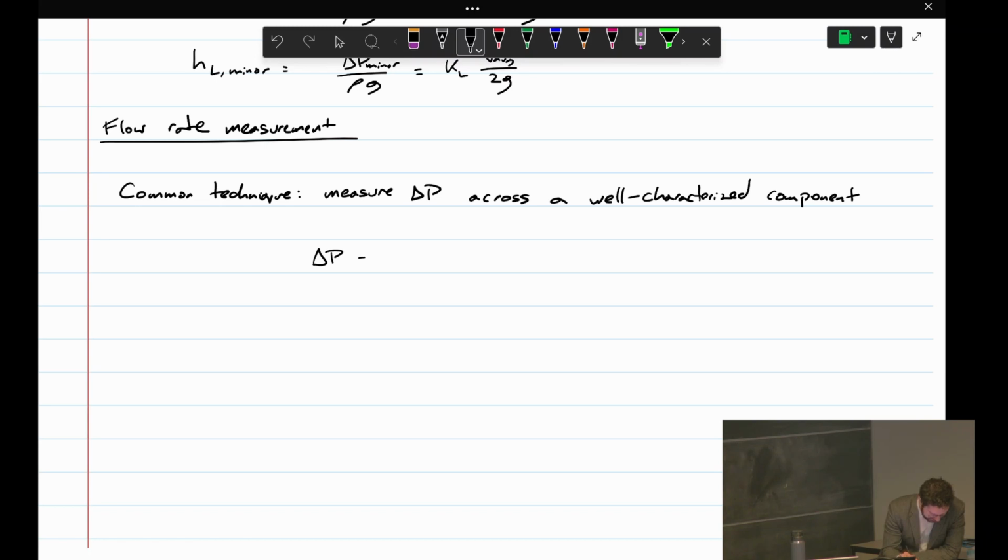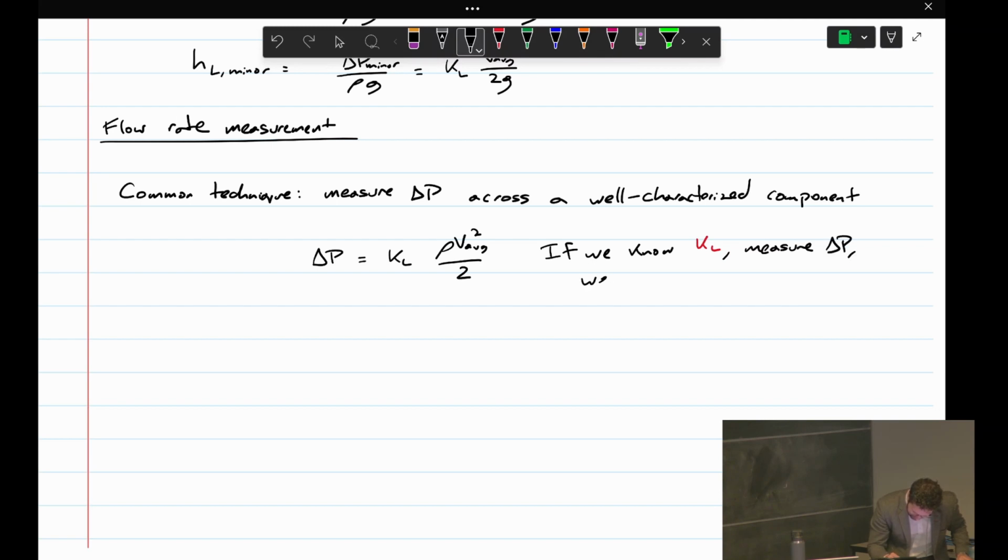So remember, our delta P is K_L rho V average squared over 2. So if we know K_L, and we measure that delta P, we can calculate the average velocity.